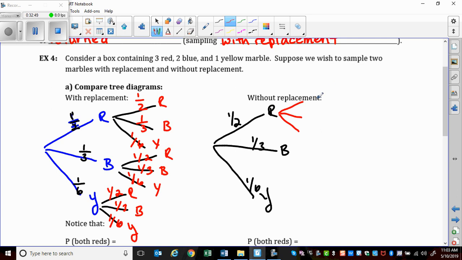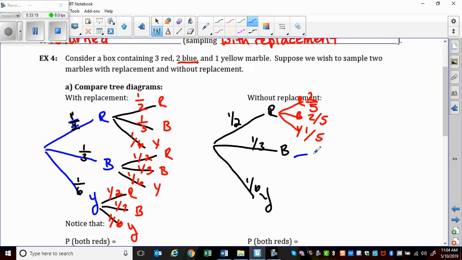So this would be 2 over 5. And then we still have 2 blue, and we still have 1 yellow. Now if we had a blue, there'd still be 1 left.